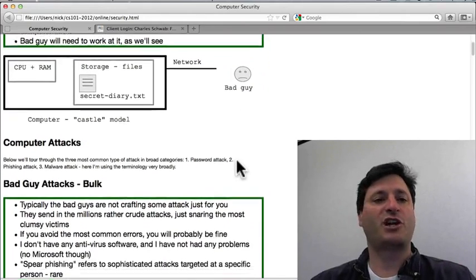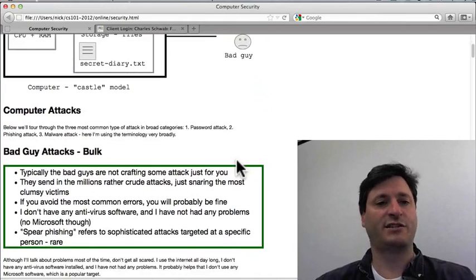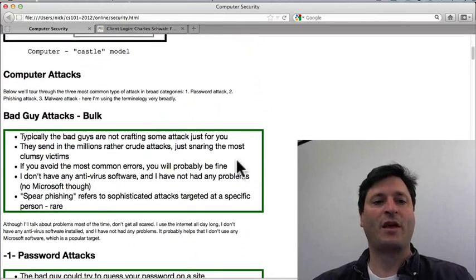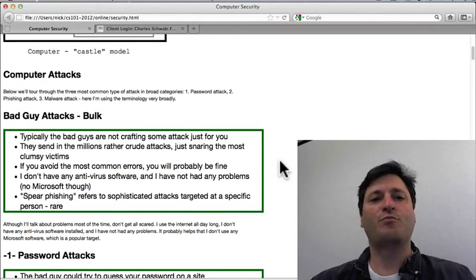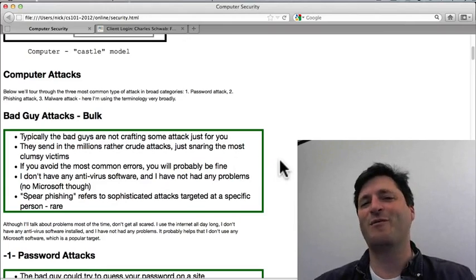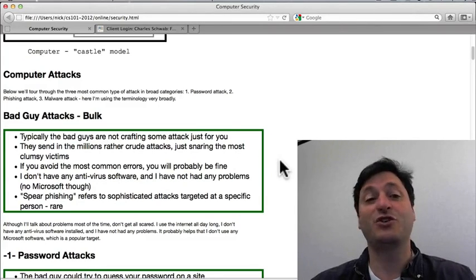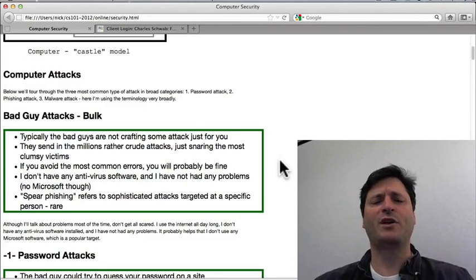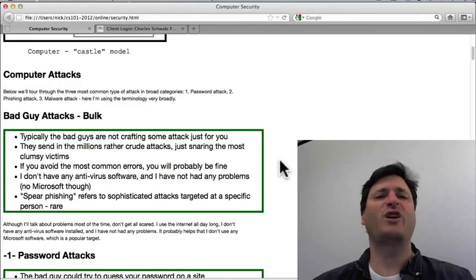So what I want to do is talk about the different so-called attacks that the bad guy might do. One broad pattern I want to emphasize is that it's not the case that there's a bad guy with a picture of you sitting in some apartment, scheming how to get onto your computer. Generally, the bad guys are working in bulk. They don't know about you. They don't know about anyone in particular.